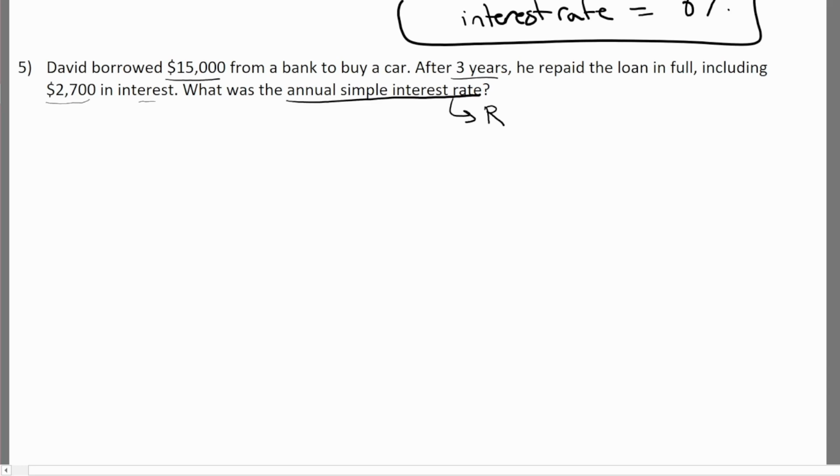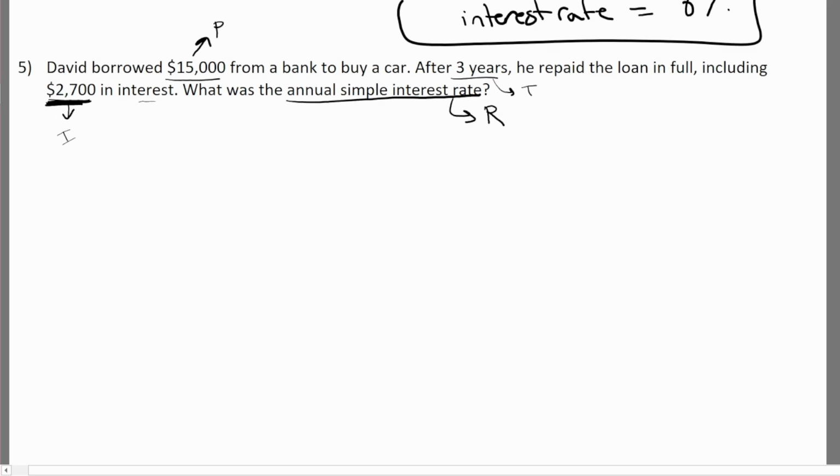We want R. We know that the original amount is P. Now, this isn't the original amount invested, this is the original amount taken as a loan, but in the end, it works as being just the original amount. And after 3 years, this is a time period. And the total interest that he had to repay was this number right here. This is the interest.